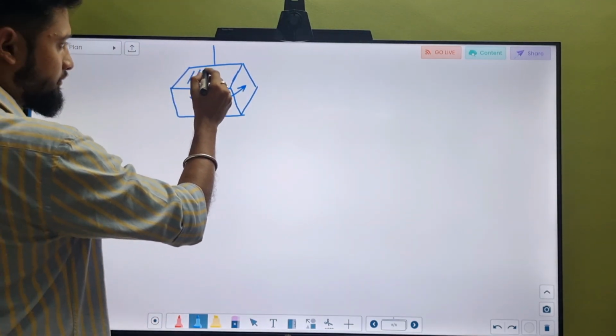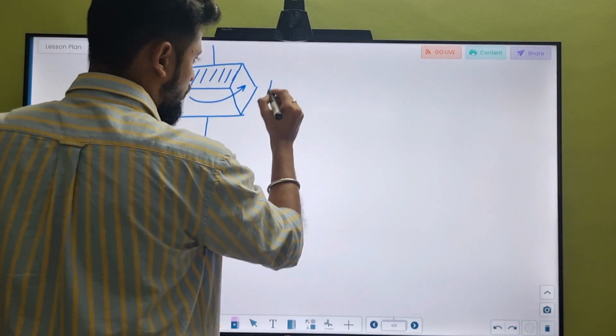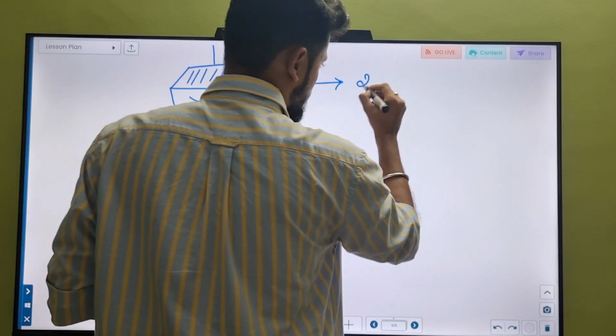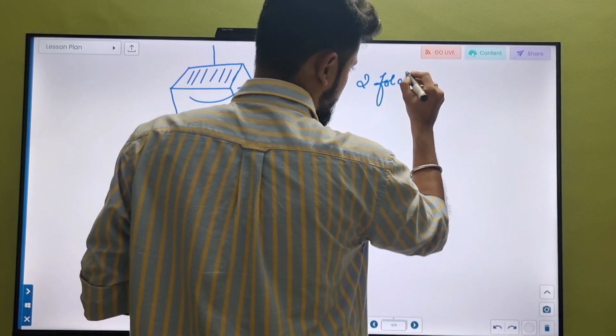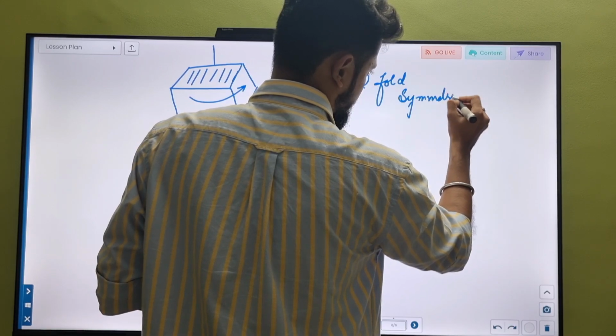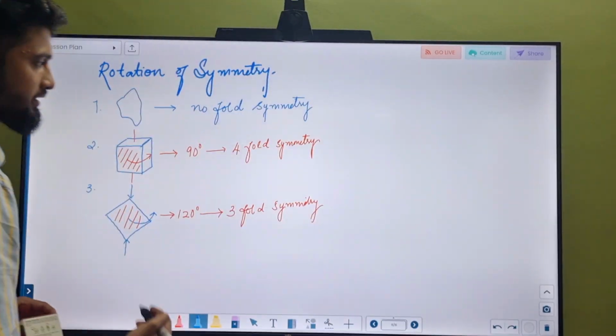This is the face I need. At every 180 degrees I'm getting a new face, and we have 2-fold symmetry. Clear? I'll repeat it once again.